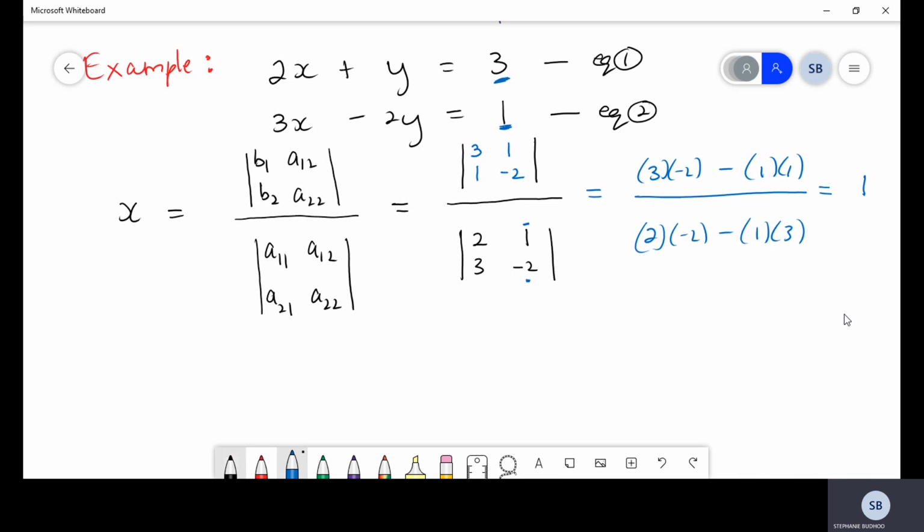Similarly, let's check what happens for y. What I'm not going to do is write that huge equation. What I'm actually going to write in all of its simplicity is that shortcut or trick that I'm showing you. So in the denominator, you will always write your matrix as it is given on your left-hand side using your coefficients of x and y.